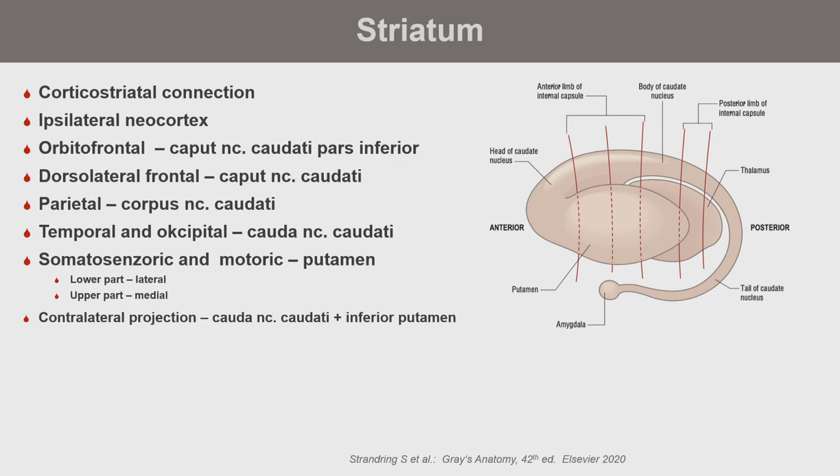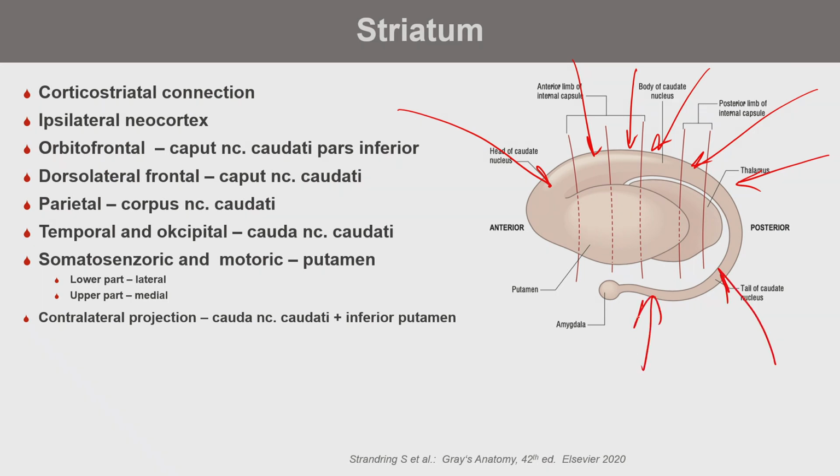So, striatum. Connections of striatum are typically in ipsilateral neocortex, only in ipsilateral. They have relations according to the position of the basal ganglia. So you can observe that anteriorly they have connections with orbitofrontal cortex.